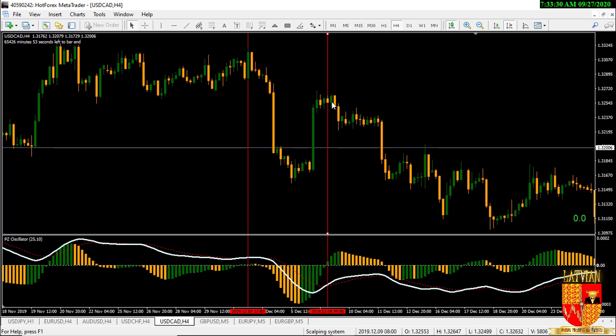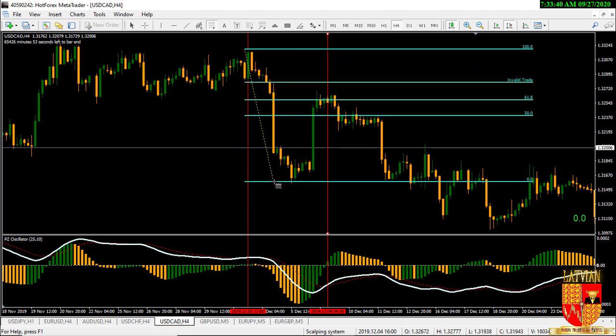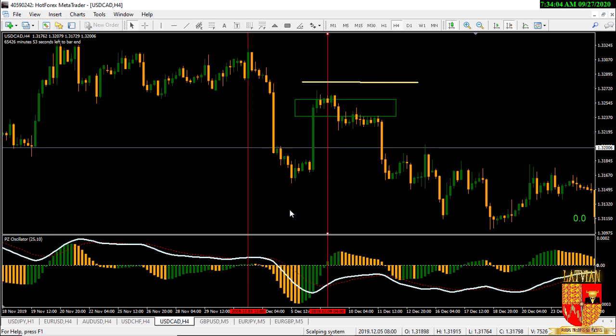It was shown to have started right there, and then immediately after that, what you are supposed to do is to draw a Fibonacci retracement tool from the highest point to the lowest point, which is down there, okay. And then we draw our rejection zone, and then you can draw your invalidation zone, okay.